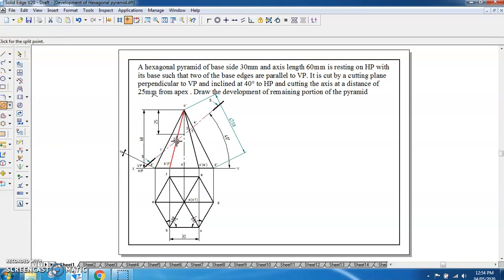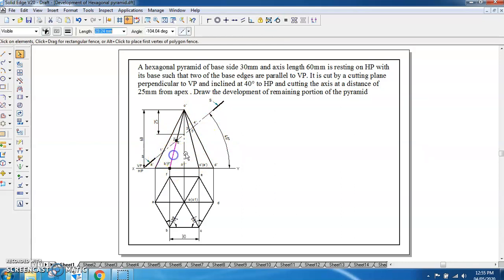This line at this intersection, this line at this intersection, this line at this intersection is cut by the cutting line. Let us not worry about these dimensions, we can have them afterwards.